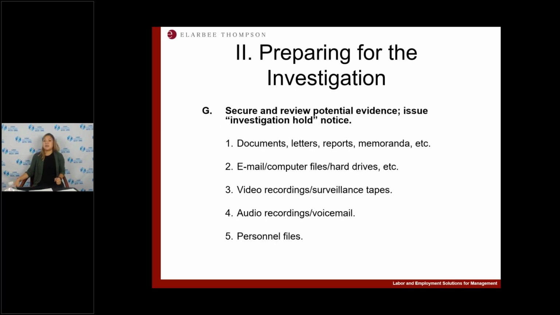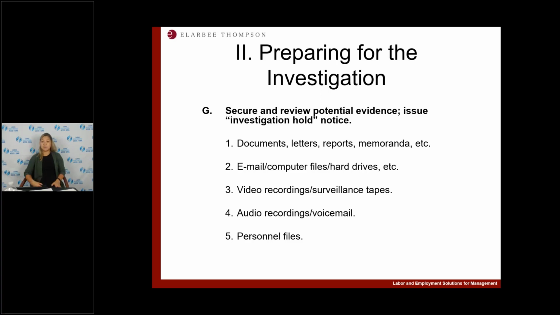Right. Now, the next step, or honestly, probably before conducting interviews, you want to secure everything. The obvious things are paper documents, electronic documents, any videos, if there's video surveillance. A lot of those systems rewrite themselves every 5, 10, 30 days.